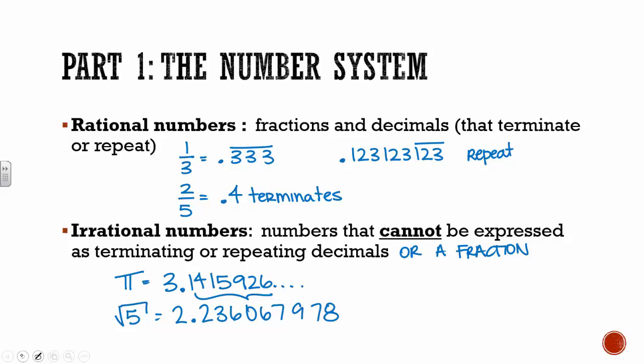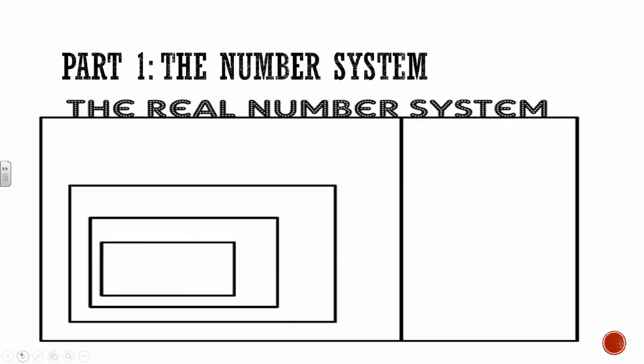So we can organize all of these thoughts in a nice little grid here. Like I said, all of the numbers we're dealing with in this class are real numbers, which means that we can put them on a number line. And inside of our real numbers, we have rational numbers and irrational numbers.